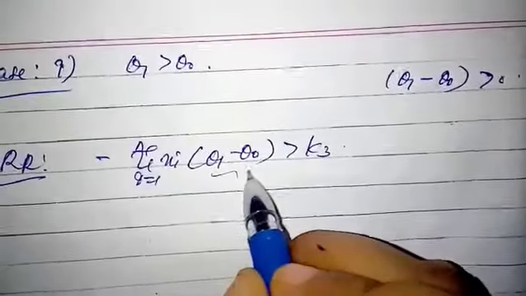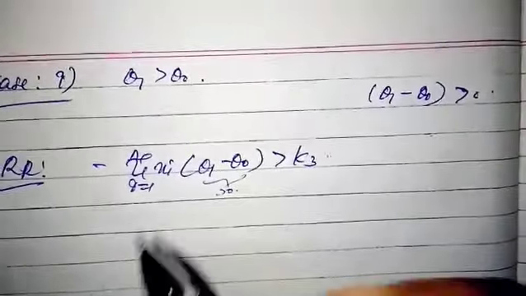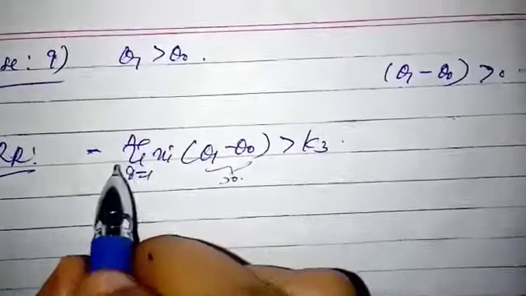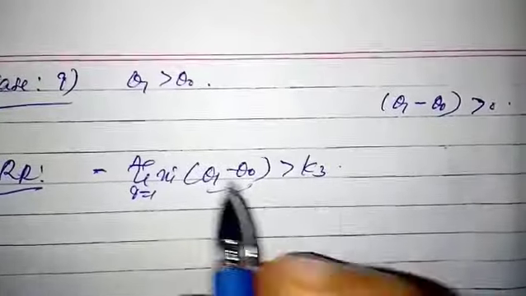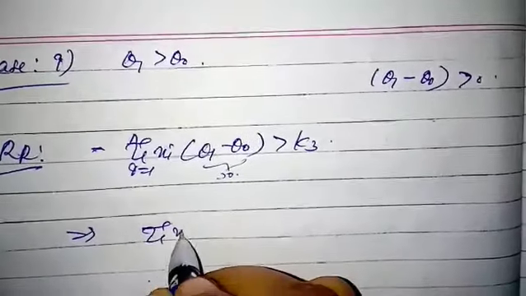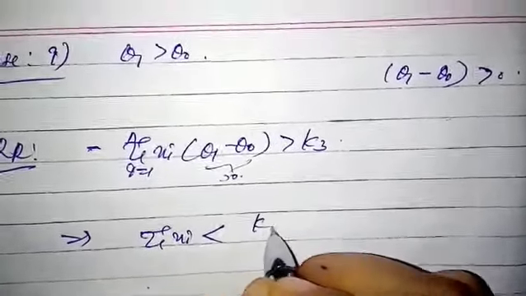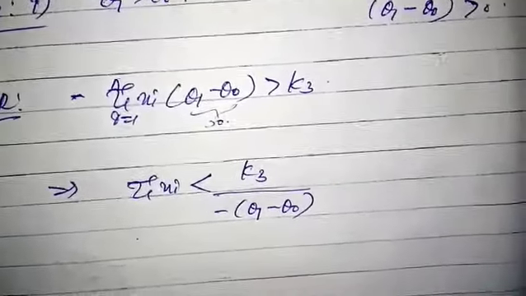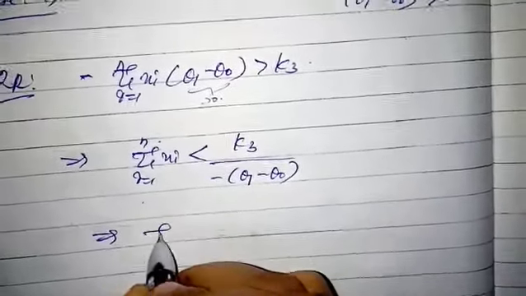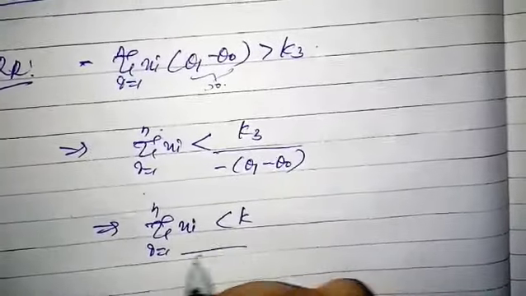Here this term is greater than 0, but there is one extra minus sign, so minus into positive is negative. Which implies, if we divide by that term, the sign changes, so summation xi, i 1 to n, is less than k3 divided by minus (theta 1 minus theta naught), which implies summation xi, i 1 to n, is less than k.